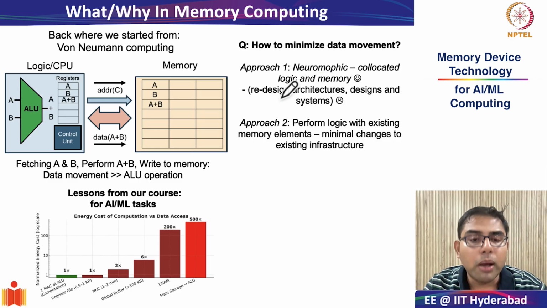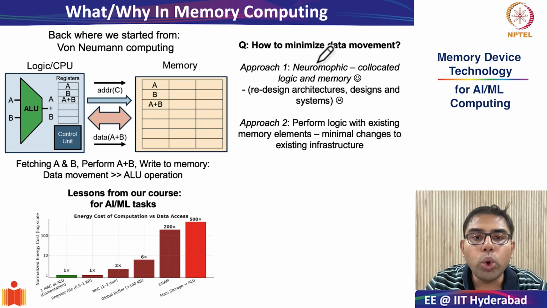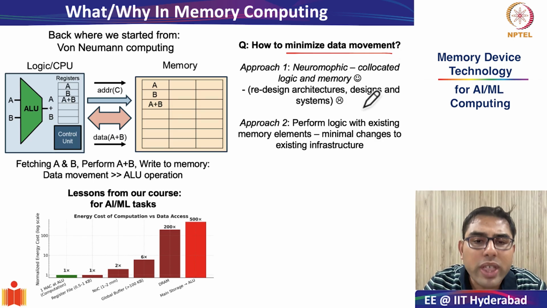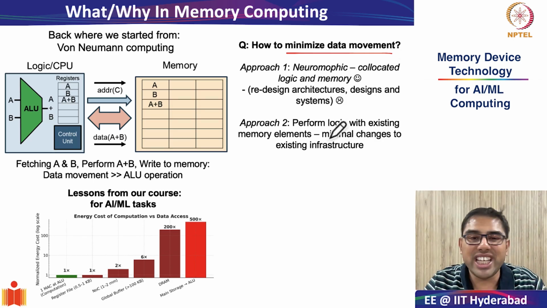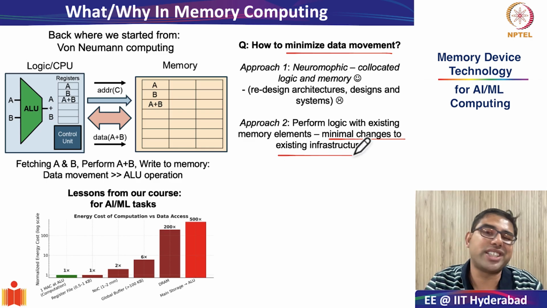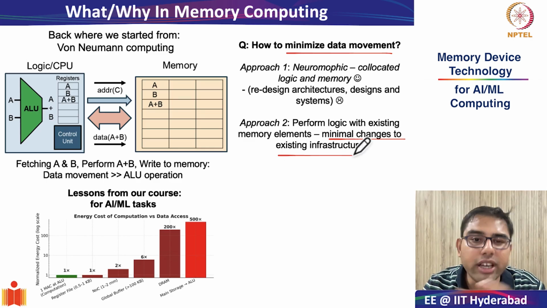And therefore, people started asking, how do we achieve the same task, which is minimizing the data movement, without having so many changes, or with very minimal changes to the existing computational infrastructure. So it is more like a solution for the near term.